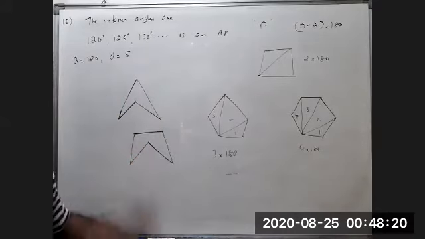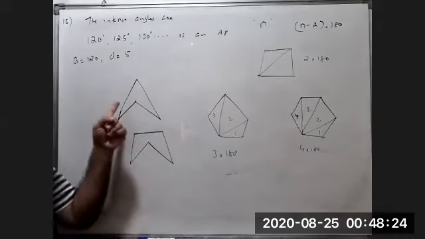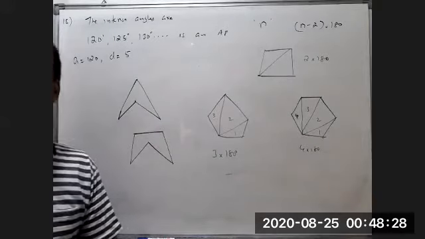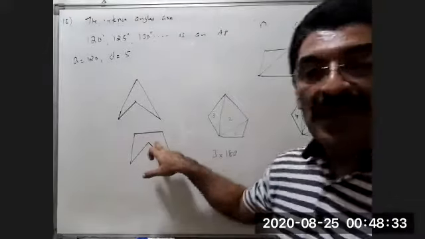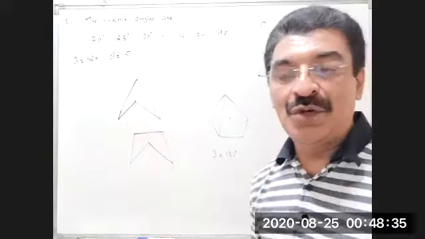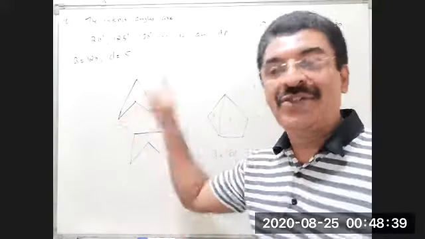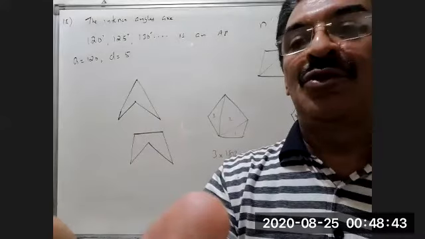Is it a pentagon? Yes or no? This one, we have 4 sides. So, is it a quadrilateral? Someone said no, someone said yes. The answer is yes, it is a quadrilateral.